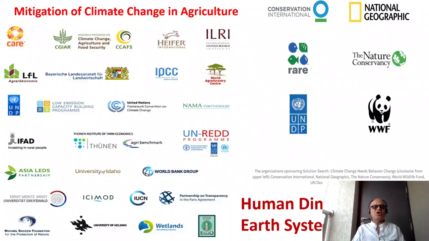Okay, so in this context, we have to start thinking about Earth system science as not just a natural system as implied by Brotherton diagram, but put human agency and human dimension into the Earth system.